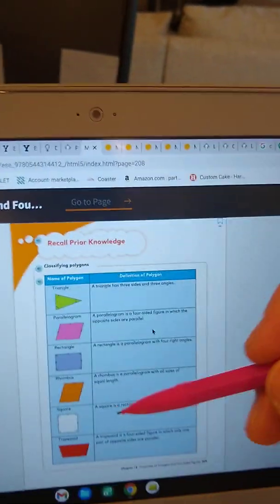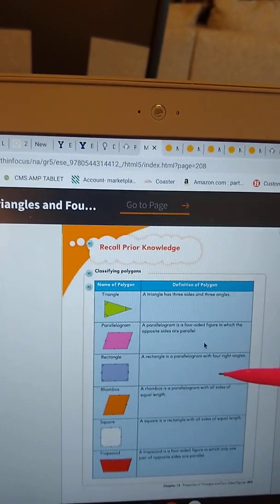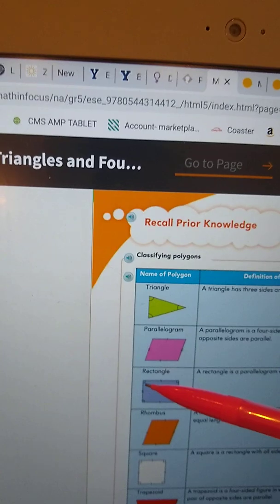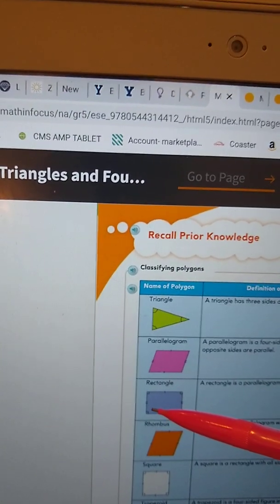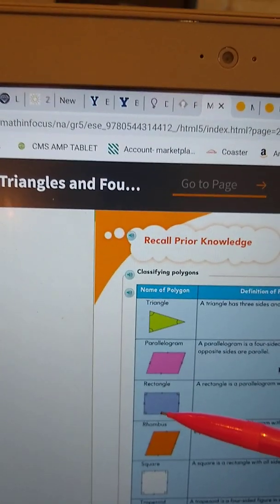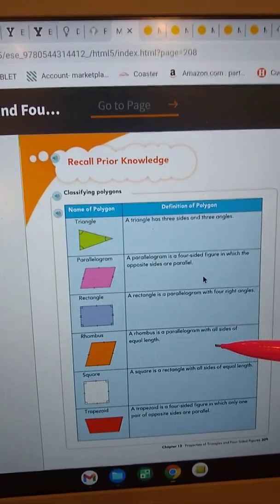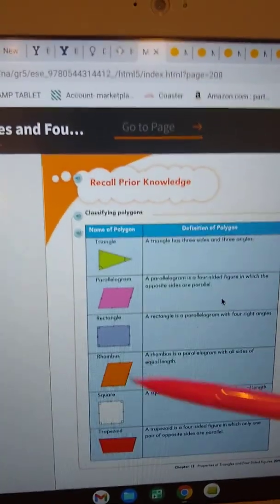Okay, the next thing is a rectangle. A rectangle is a parallelogram with 4 right angles. If you can see really closely, this little square in the corner just shows a right angle. A right angle is measured at 90 degrees. Okay, so then a rhombus is a parallelogram with all sides of equal length. Everything is equal.